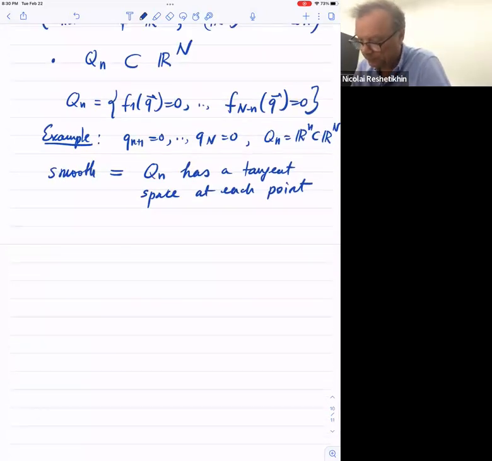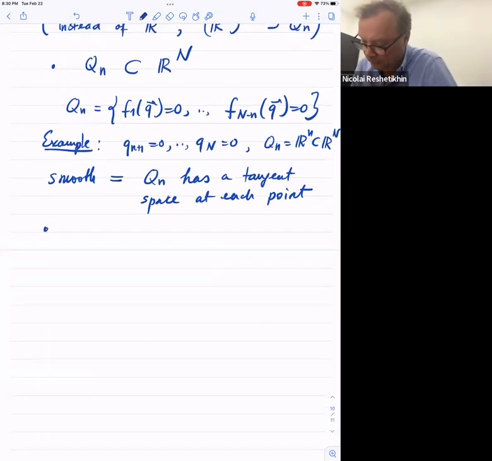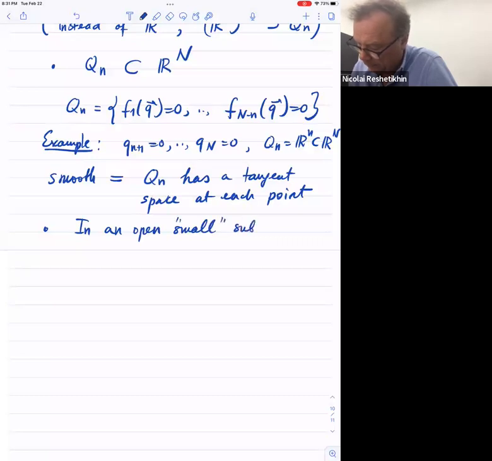So there is an intrinsic definition. So this is the idea. The intrinsic definition is the following. So in an open, small subset, or rather I should say, okay.